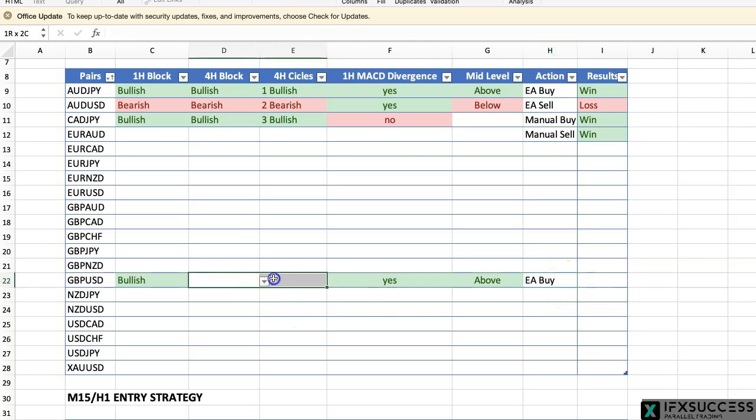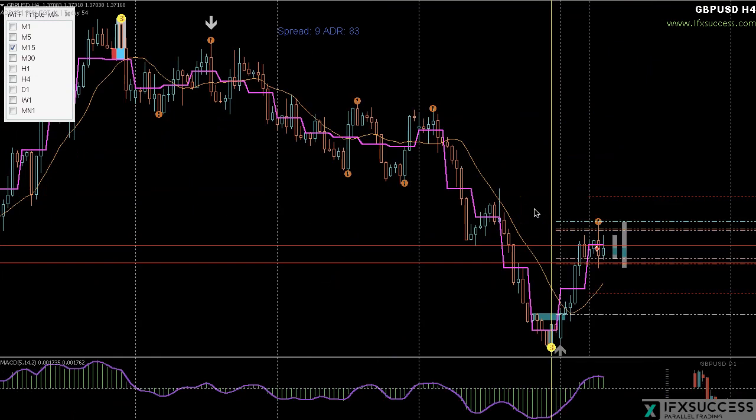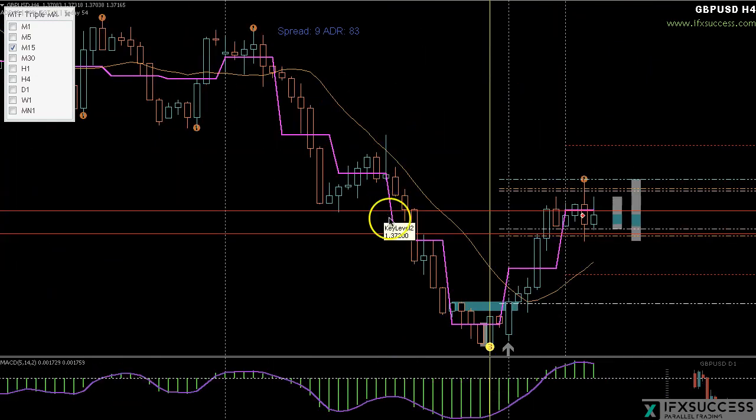Now the question is the 4 hour block, or the 4 hour cycle. Let's take a look. What were we having on that particular day? I'm sure there was a strong downtrend, and we didn't have anything under the 4 hour yet. Under the 4 hour we also had a bullish reversal block.